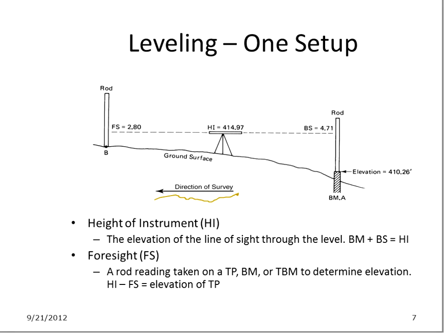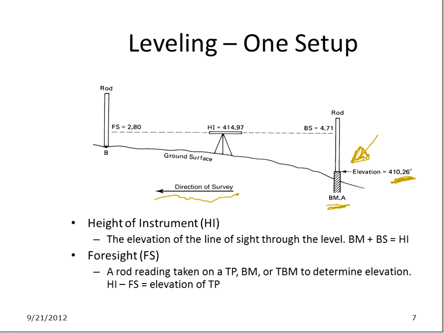Our direction of survey on this slide is from the right to the left. Therefore, we know this is our benchmark A, and it has a given elevation at this point, right? It's given. It was set by someone else who set all of these control points.